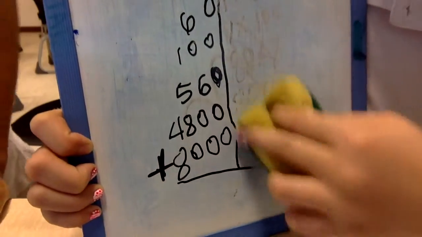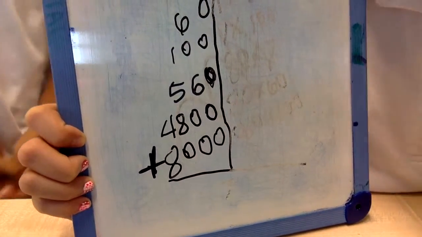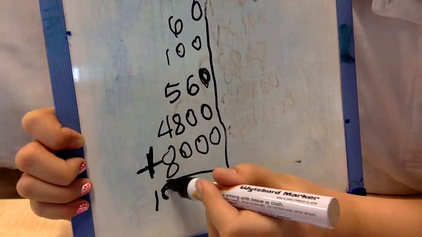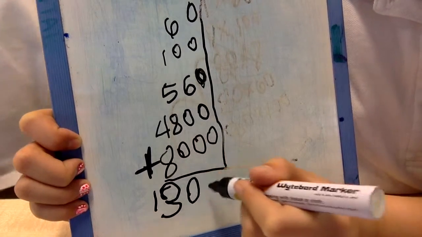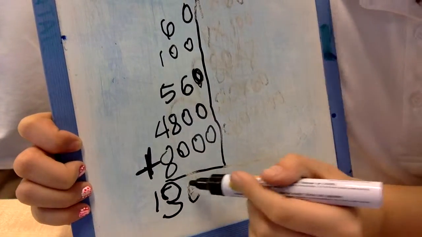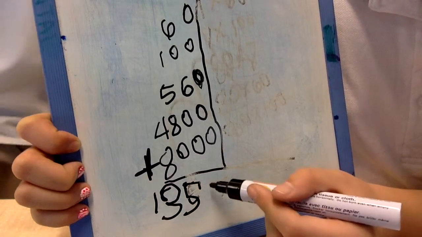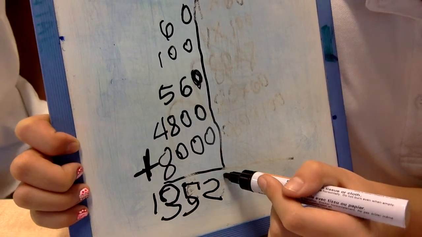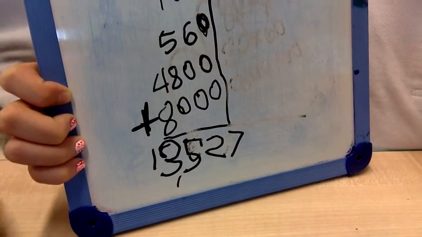And if you add all those numbers up, you get 13,527. Oh, oops. You don't want to make that mistake. 527. There's your answer. And that's how you do the box of 7.